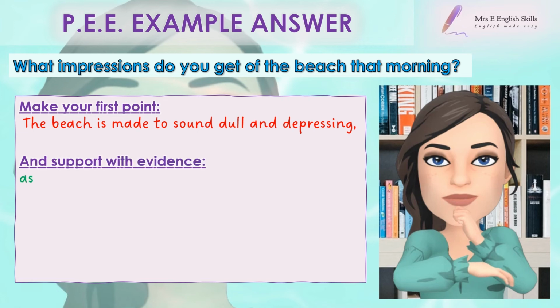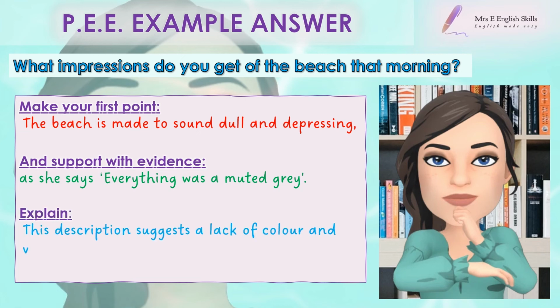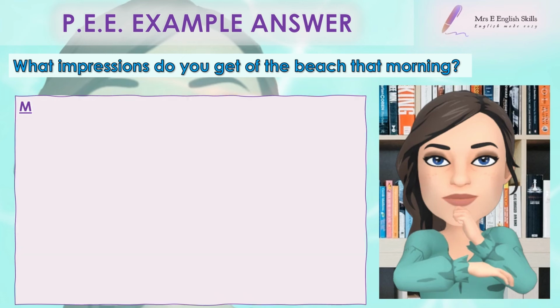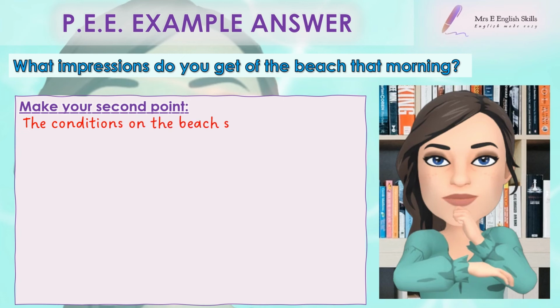Then add supporting evidence. As she says, everything was a muted grey. Then explain. This description suggests a lack of colour and vibrancy, making the beach sound unappealing and a miserable place to be. Next, make your second point.